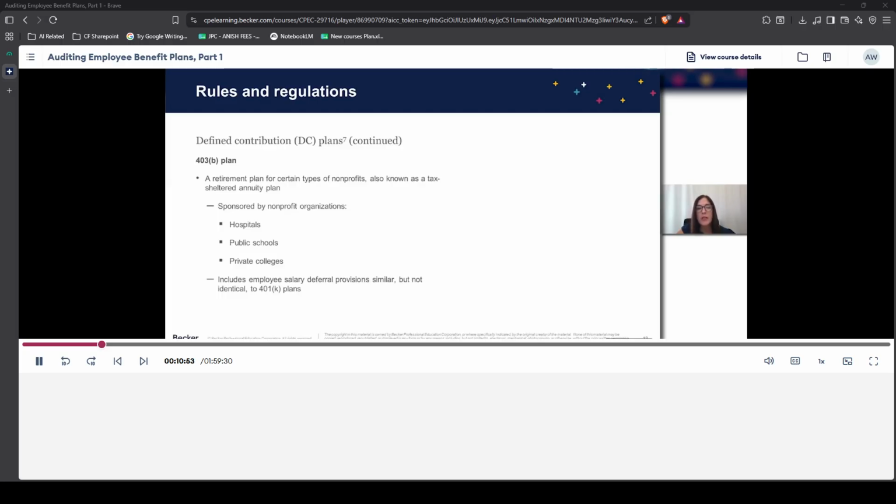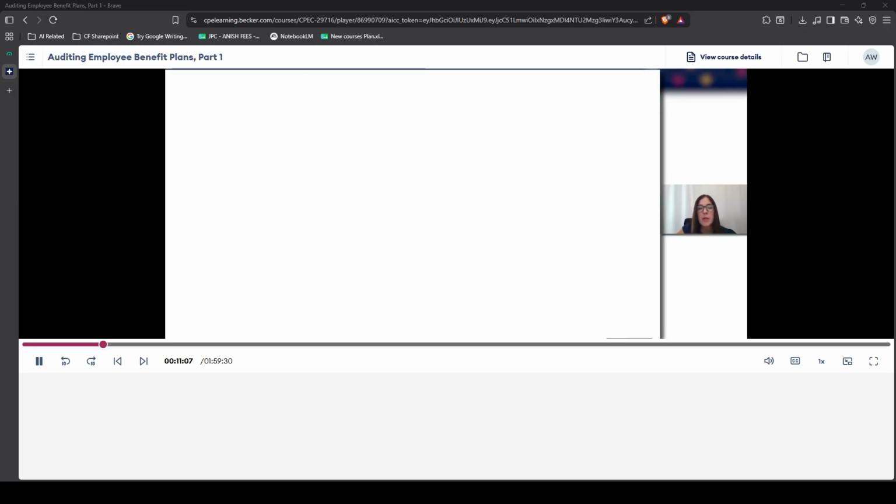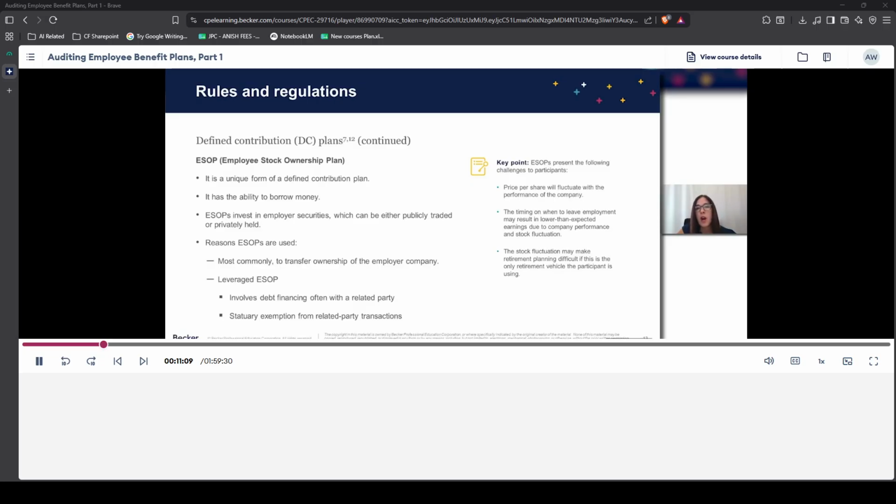Again, those are the only entities that can sponsor a 403b plan. There are a couple of other unique attributes associated with your 403b plans that you would need to be familiar with if you are going to be auditing a 403b plan. Otherwise, outside of those few unique attributes for that 403b, they work very similar to a 401k plan.